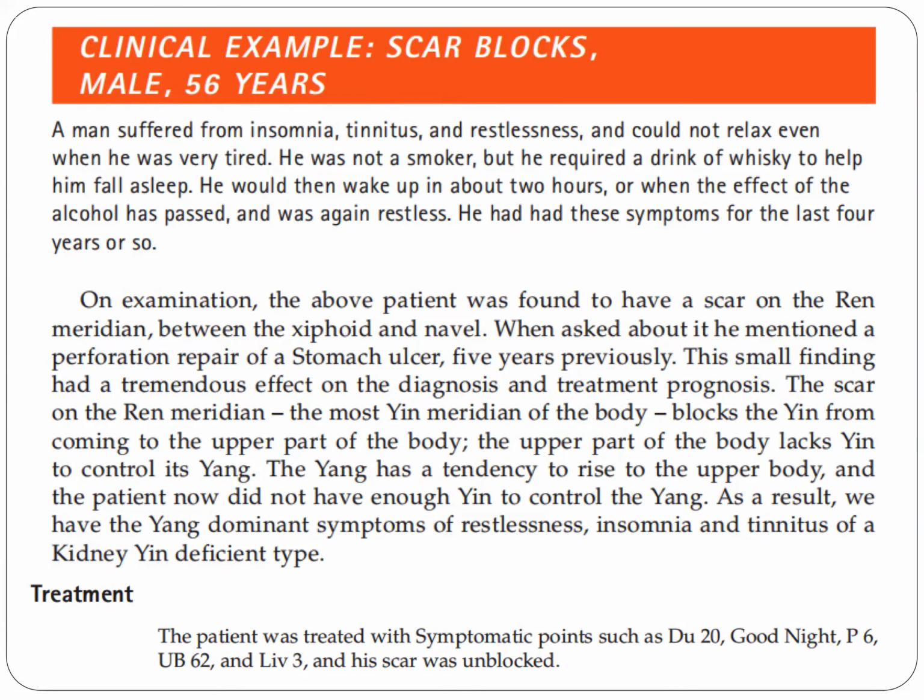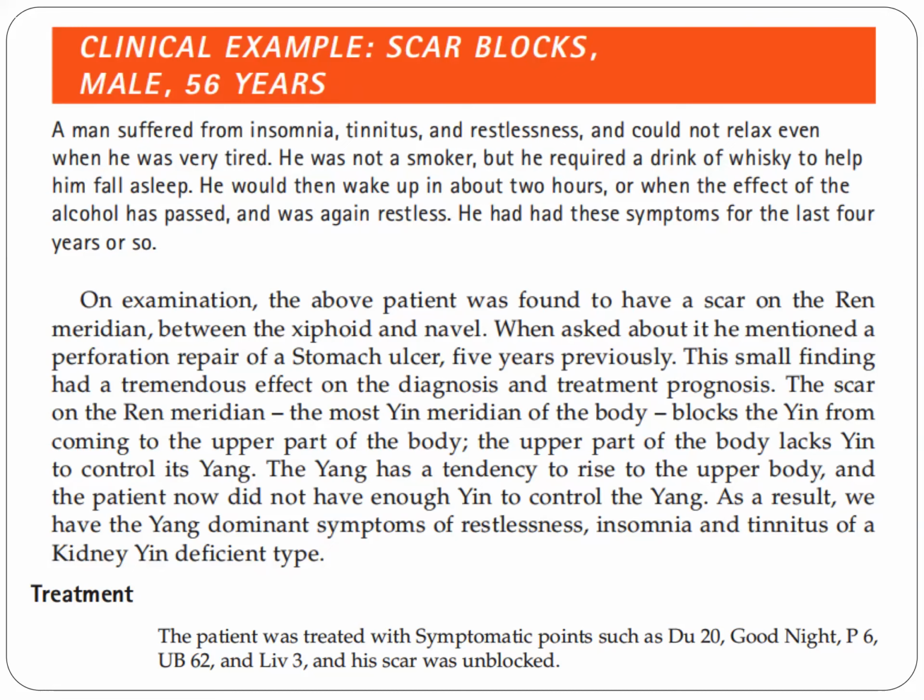The upper part of the body lacks yin to control its yang. The yang has a tendency to rise to the upper body, and the patient now did not have enough yin to control the yang. As a result, we have the yang dominant symptoms of restlessness, insomnia, and tinnitus of a kidney yin deficient type.